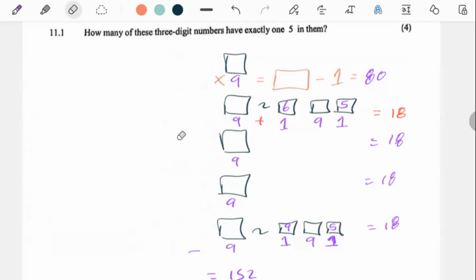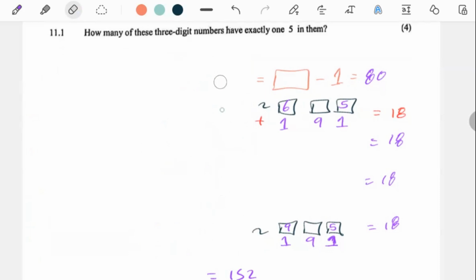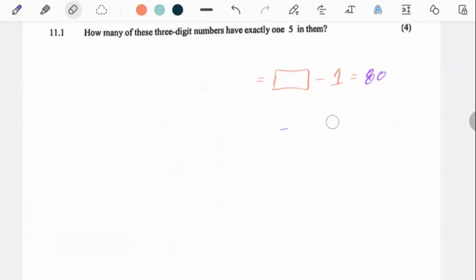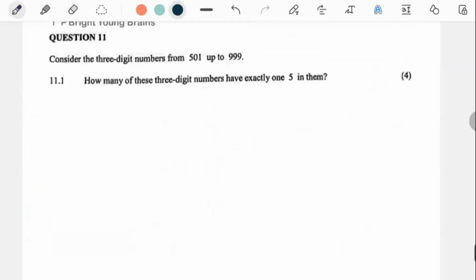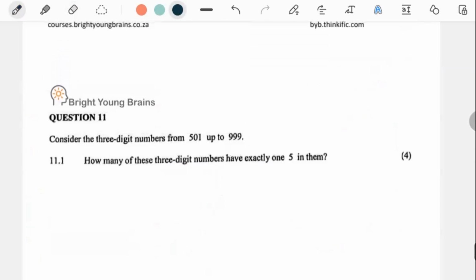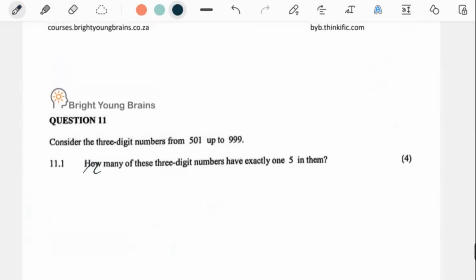If you can figure out the answer from just pausing and looking at what I wrote down, that's perfectly fine. You can then just move on to question 11.2. But let me start off by explaining question 11.1. 11.1 asked the following: consider the three-digit numbers from 501 up to 999.